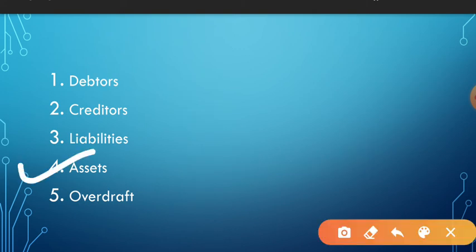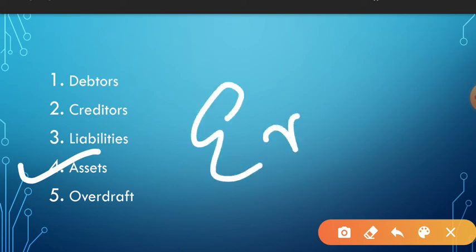Now what is an asset? An asset is something which we create, and these assets are going to work in future for us to create something good. Like suppose if I am creating a liability, suppose I have created a car EMI, but I am getting an asset also, right? An asset like a car.